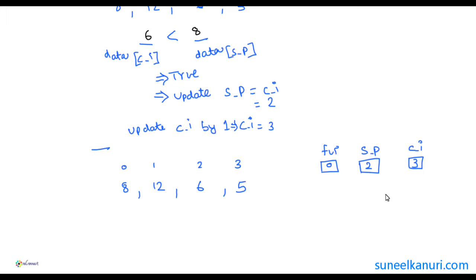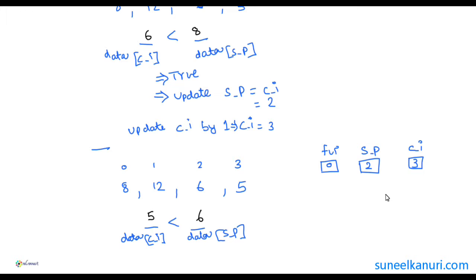So we write down our formula again quickly. That'll be data[C_i] and data[S_p], and we're going to change our pen. So C_i is pointing to position 3, which has a value of 5, and data[S_p], which is the position of the next smallest element, is pointing to position 2, which has a value of 6.